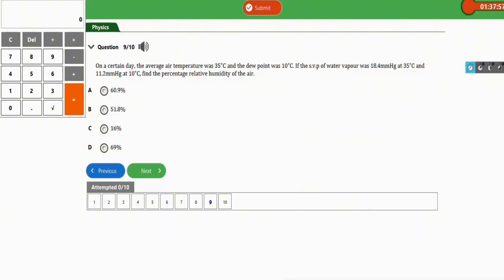Alright, so for this particular question, it is going to be the saturated vapor pressure at dew point, which is 11.2, over that at room temperature, 18.4, times 100, over 1. So that's how you can solve this problem.